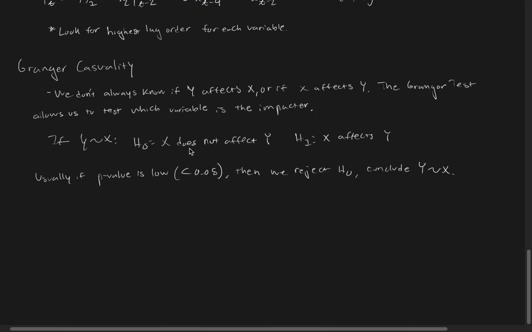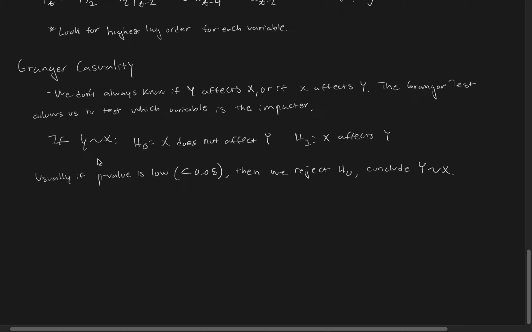Our null says, in this regression function here, where x is a determiner, x does not affect y, whereas the alternative says it does. And so if the p-value is low in this type of test, that means we reject the null, saying x actually affects y, and we conclude that this function right here is valid.